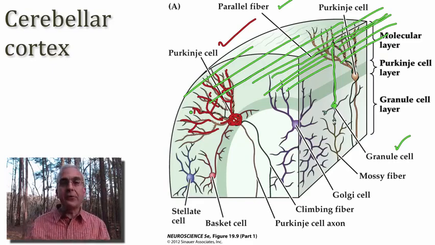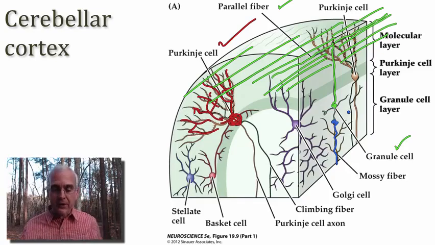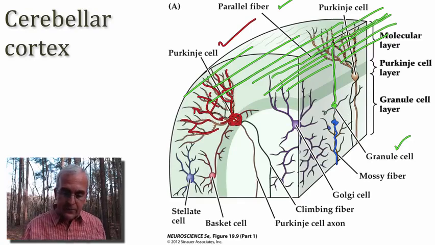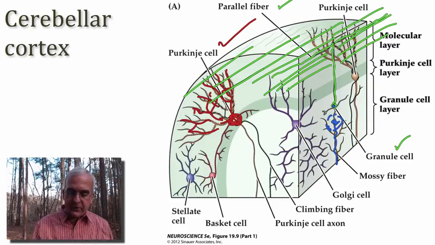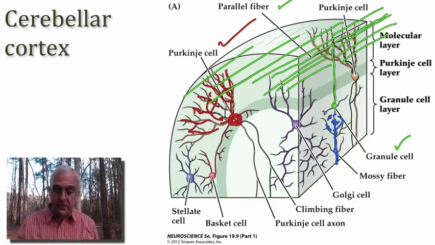Now, the granule cells are getting input from mossy fibers. So here's a mossy fiber that's growing in, and it's making synaptic contact in a very particular morphological structure that we call a glomerulus here. And there are other interneurons involved as well that I won't take the time to mention. For now, I'll just emphasize that the mossy fiber, and again, that's all the inputs to the cerebellum except for that special inferior olivary input.